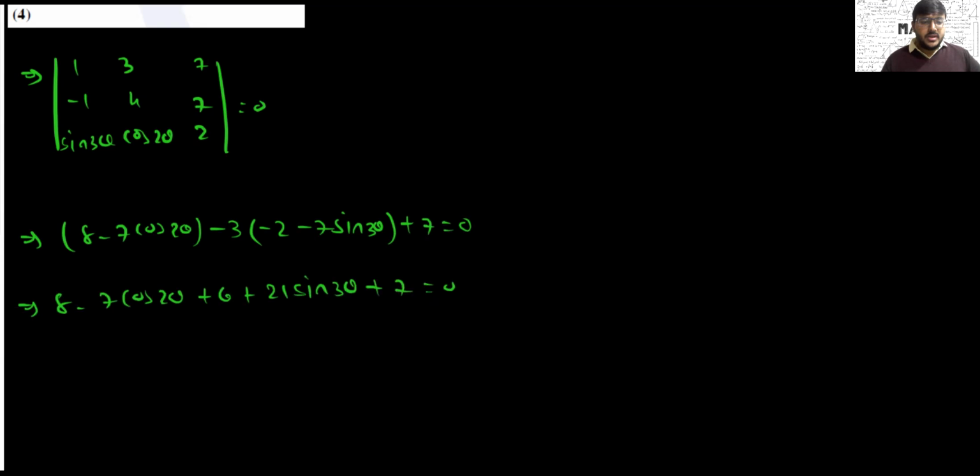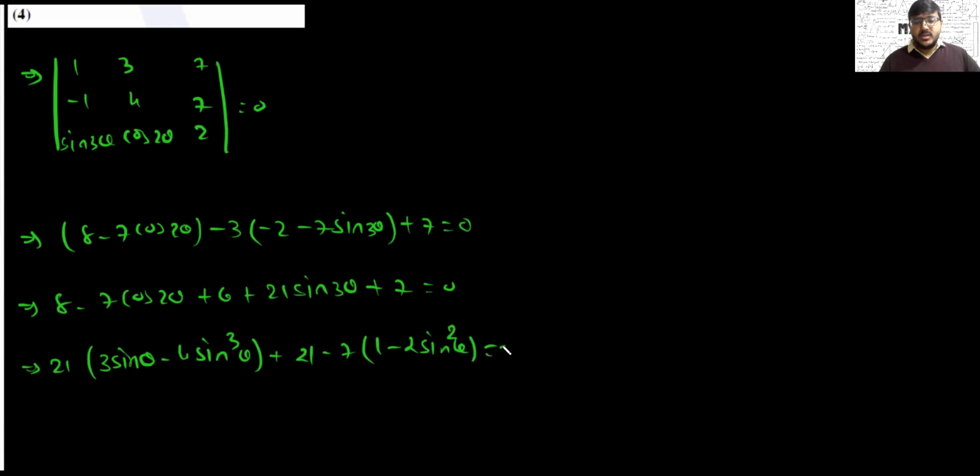So let's try to convert the whole equation in the form of sine theta. So it will be 21 sine 3 theta, that is 3 sine theta minus 4 sine cube theta, plus 6, 8, 14 plus 7, that is 21, minus 7 cos 2 theta, that will be 1 minus 2 sine square theta, equals 0. See, I need to convert the whole equation in the form of a single variable, right?